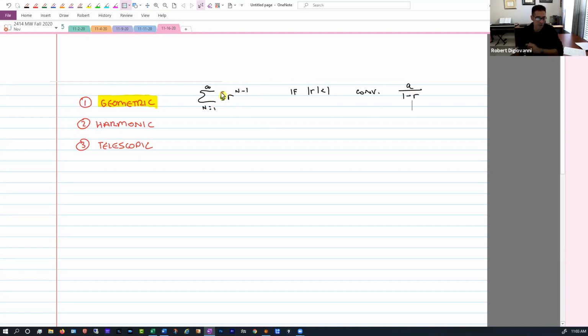So with a geometric series, we can find the sum if it converges. If the absolute value of R is bigger than or equal to 1, then it diverges. The next thing we need to do is talk about harmonic series, then telescopic, and then we'll probably get into 8.3 today. Any questions?